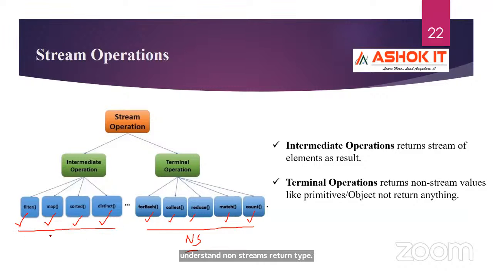The return types of the other methods are streams, so we call them intermediate operations. If a stream operation method's return type is non-stream, then we call it a terminal operation.